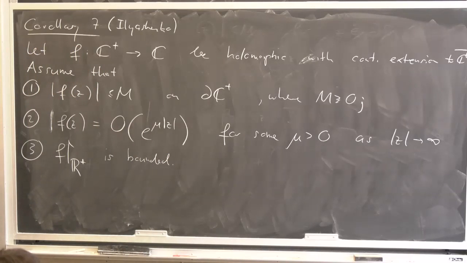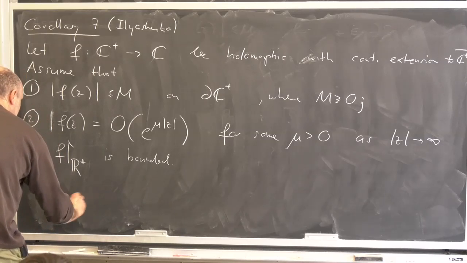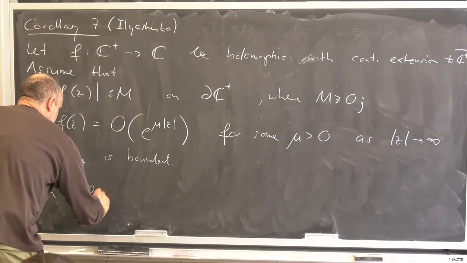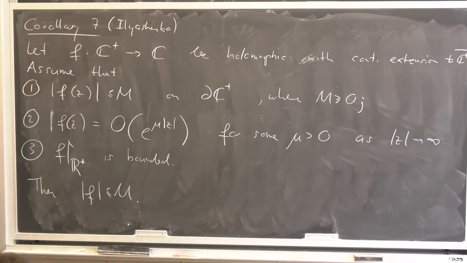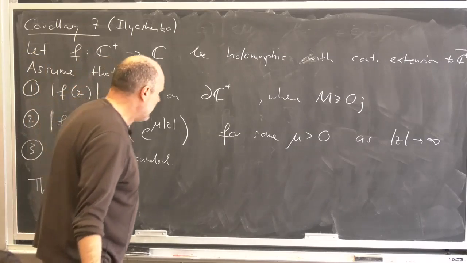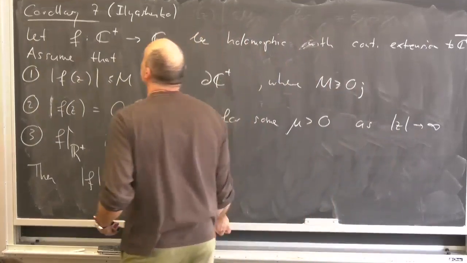Then again, we have the conclusion that the maximum is taken on the boundary of the half plane, and so f is less than or equal to M everywhere.